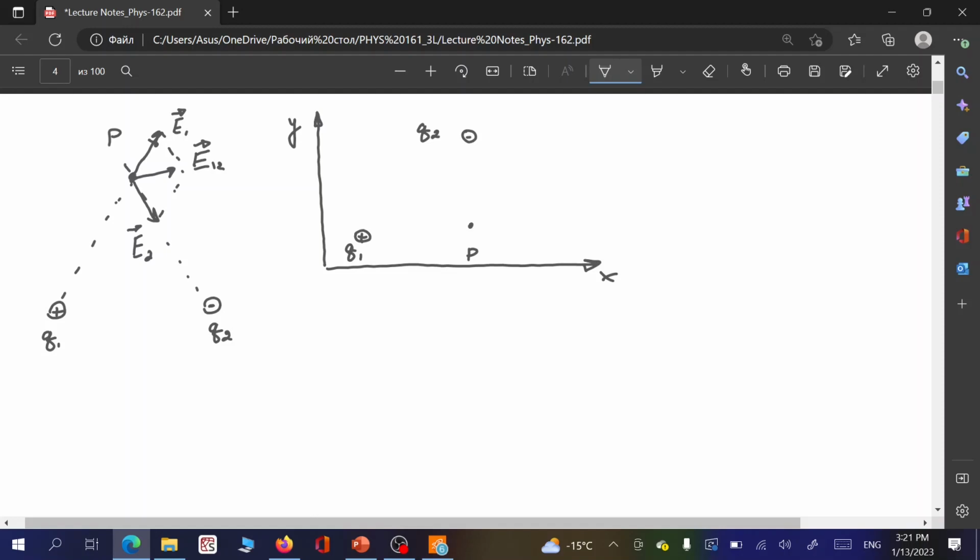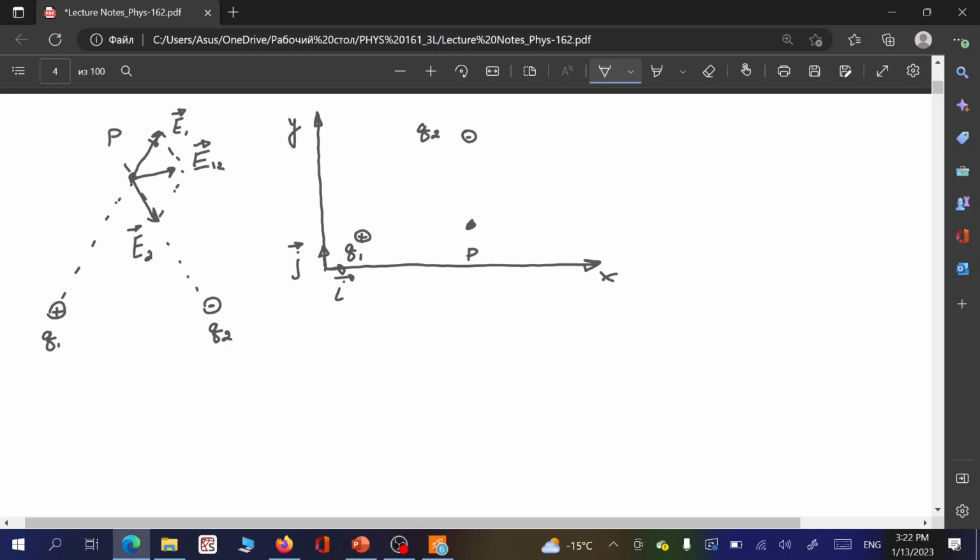So we need to add here also the I unit vector and J unit vector, which define the orientation of axes X and Y, because we obviously want to have information about the electric field at this point P in vector form.